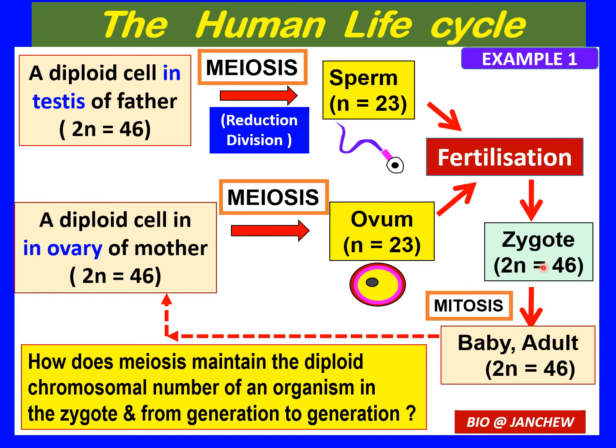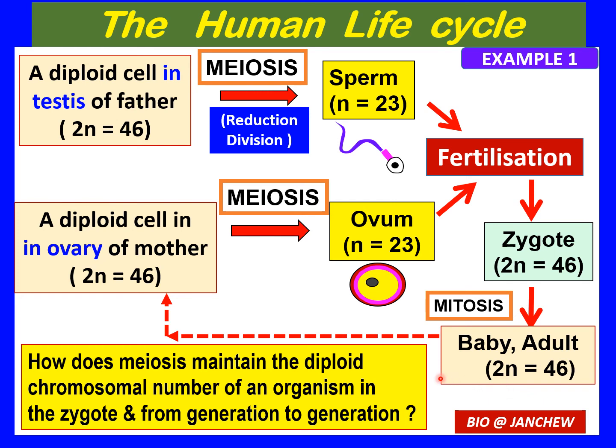Then the zygote will undergo mitosis to produce many more cells that are diploid, and this will increase the size of the offspring, and that is how growth occurs. So finally a baby is formed, and this baby will grow and continue to undergo mitosis.